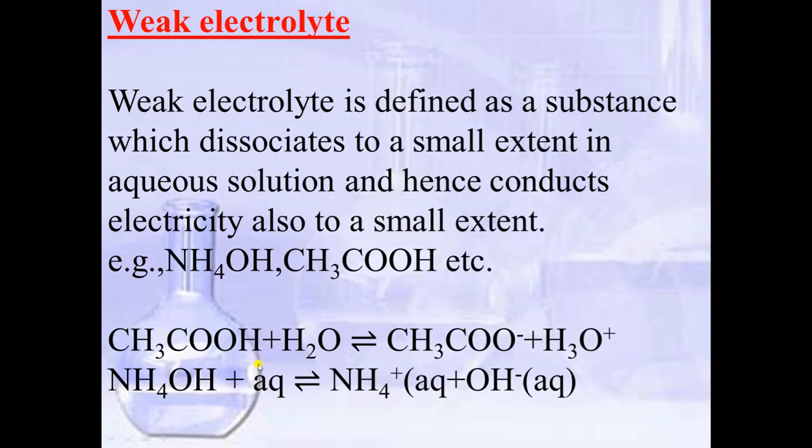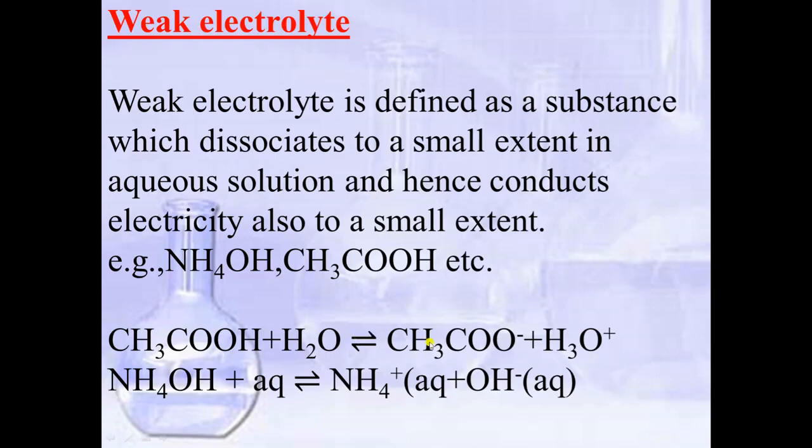Weak electrolytes are those substances which partially dissociate, or we can say which dissociate to a small extent in the aqueous solution. So they will conduct electricity also to a small extent. Examples of weak electrolytes are NH4OH and CH3COOH, acetic acid. When acetic acid is dissolved in water, it will partially dissociate. That means it will not dissociate completely, so here we will use the equilibrium sign.